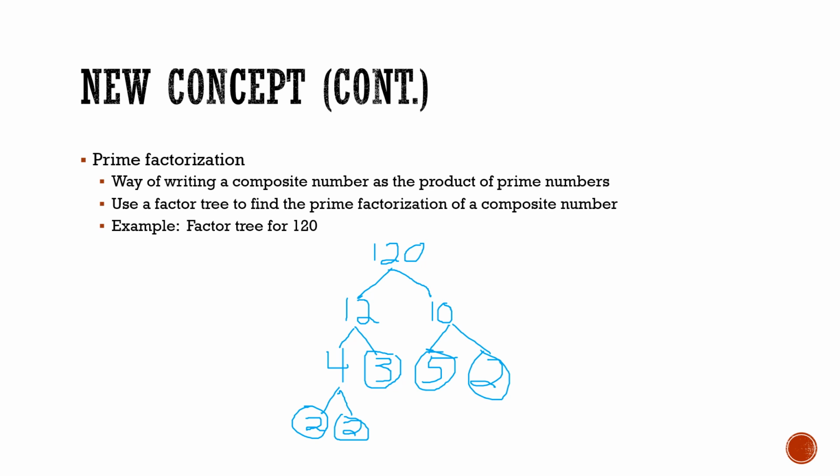So I have 3 2's, so the prime factorization would be 2 times 2 times 2. There's my 3 2's. I have 1 3, and I have a 5. So if I were to multiply all 5 of those numbers together, it would equal 120.